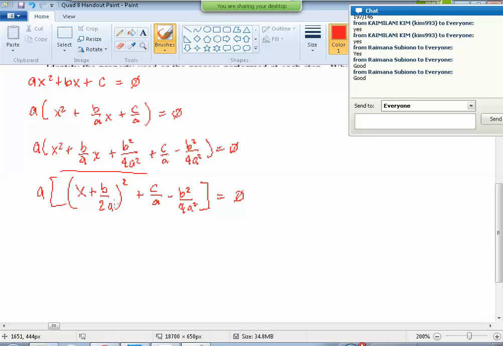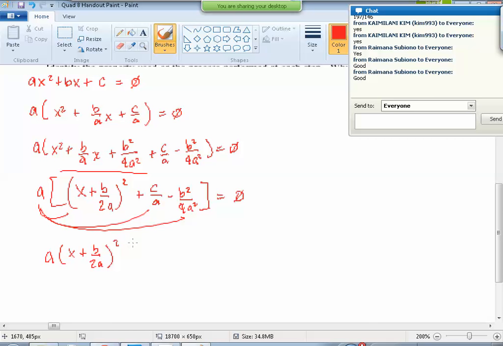Okay. I'm going to get rid of that. I'm going to multiply in that a again. So I'm going to put it into this term, and this term. If I put it into the first one, I just put an a on the front. Got it? You don't need a calculator.